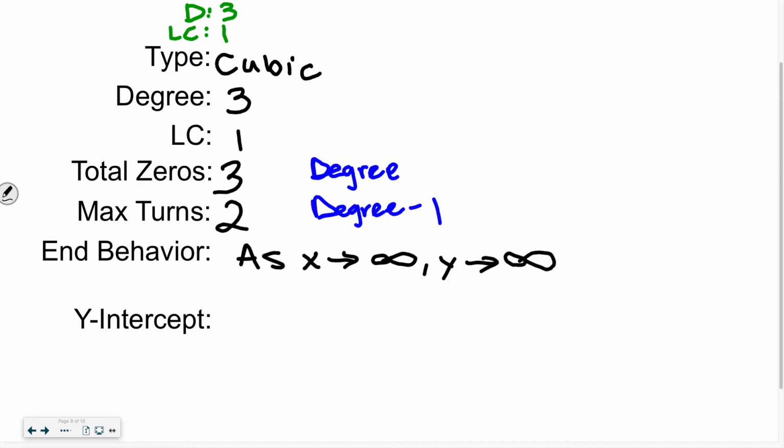And then you do a second one for the left side as x approaches negative infinity. This is going to be challenging for us. We've got to get used to those 4 words and what their symbols are, right? As x approaches negative infinity, that's to the left. And now we have to decide in step 2 of the leading coefficient test, is it doing the same thing or something different?